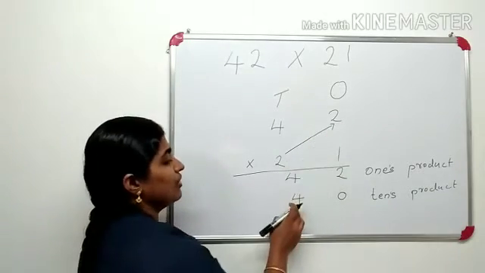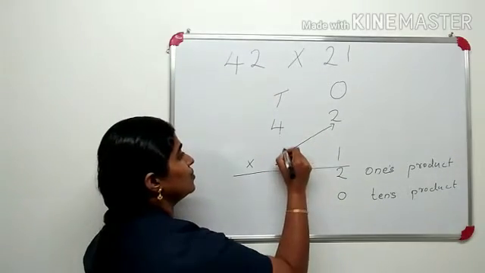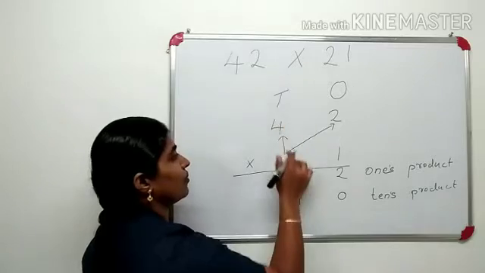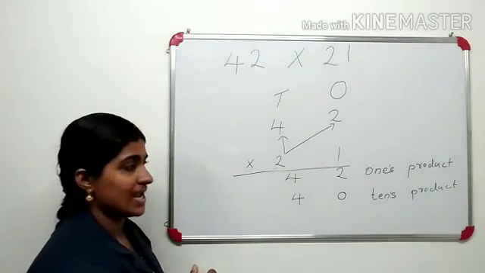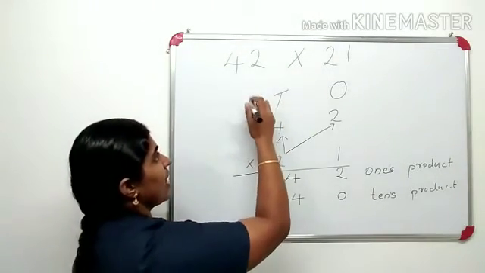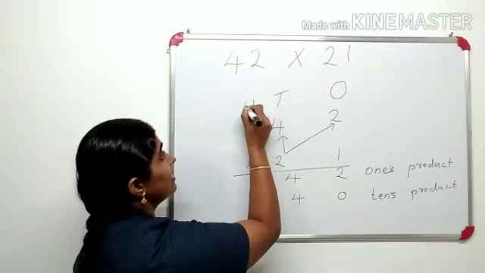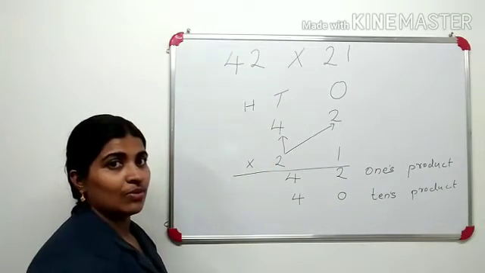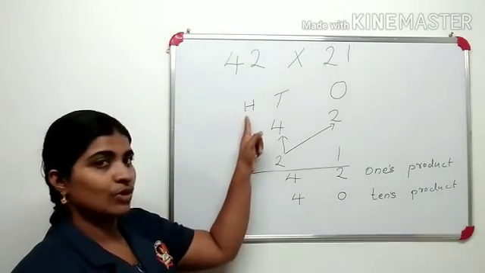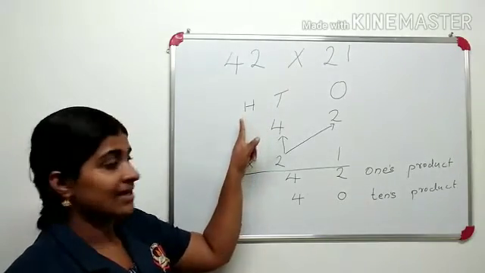2 2s are 4. Then 4 2s are 8 and we are writing our result in hundreds place. We must have one more place and that is hundreds place.